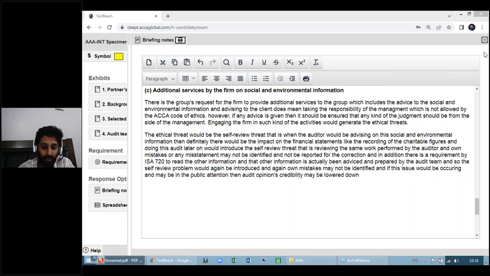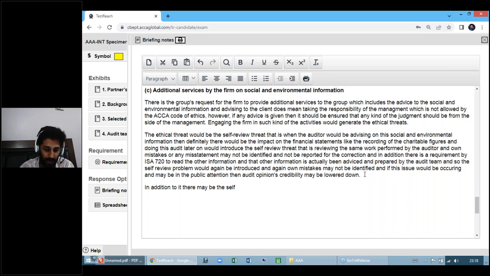And further there would be the self-interest threat. In addition, there may be a self-interest threat, that is, there is an offer of high fees, and fees are a financial interest.